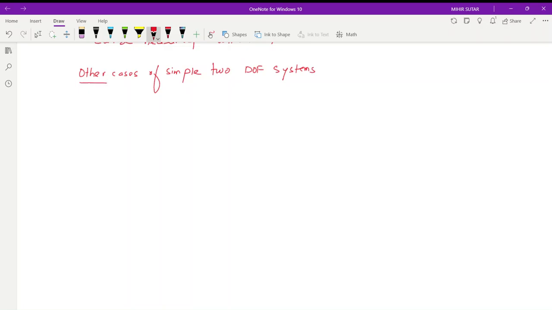Okay, so first example we'll take two masses fixed on a tightly stretched string.